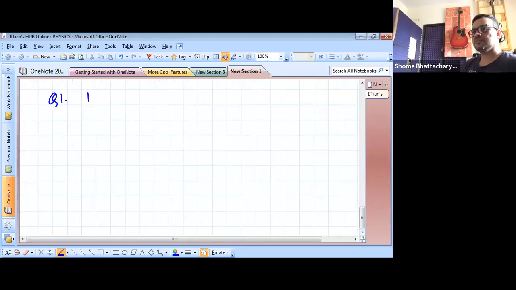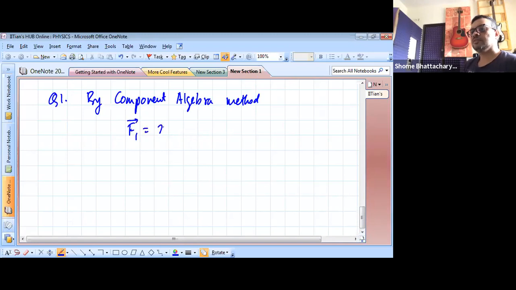So, question 1 by component algebra method. F1 we would have taken as some x i cap. Then the resultant would have become 8j cap, because it is given to you that resultant is perpendicular to one of the forces.